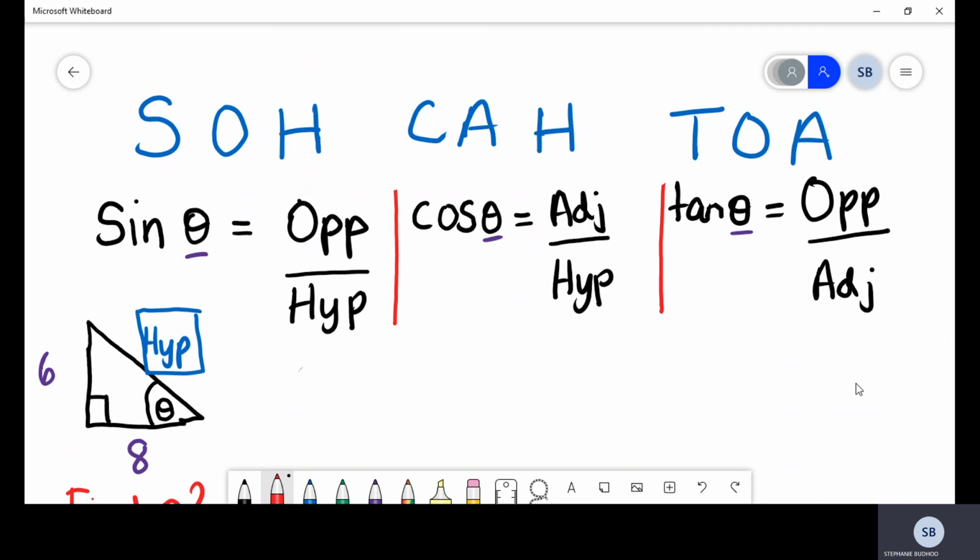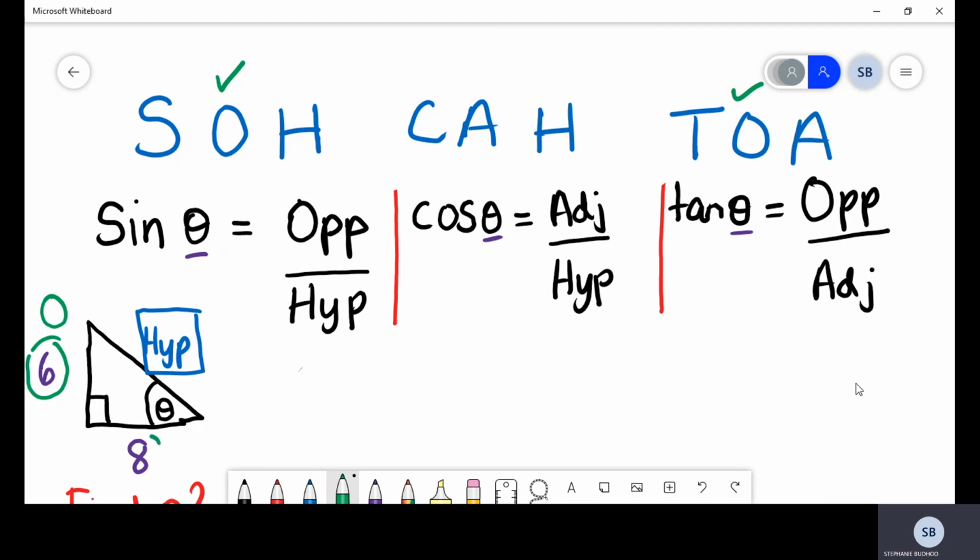So we have 3 trig ratios there, and you have to think, I don't know which one to choose. Well, the secret lies in what values you have actually been given. In our triangle, we have 6, and we know that 6 was the length of the opposite, which is O. So what you want to do is tick off throughout each of your 3 ratios wherever you see that O, showing that you have the value for the opposite.